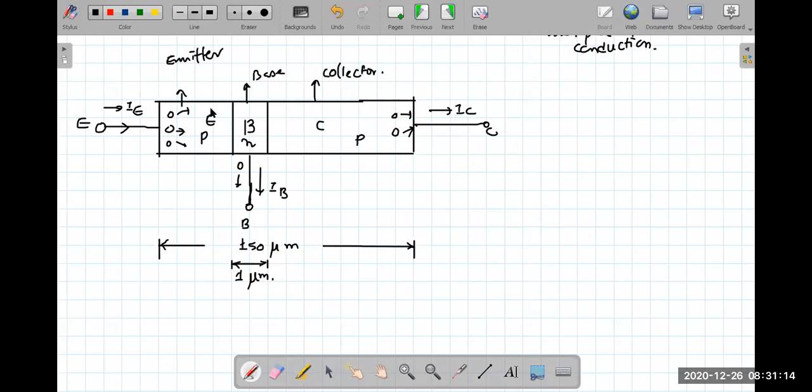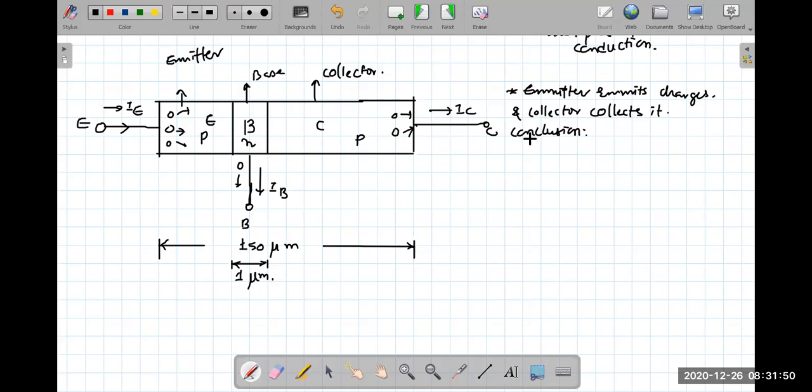Now what's the role of emitter? The emitter emits charges and the collector collects them. So if the collector is collecting them, one conclusion I can draw from here. What must be the conclusion?